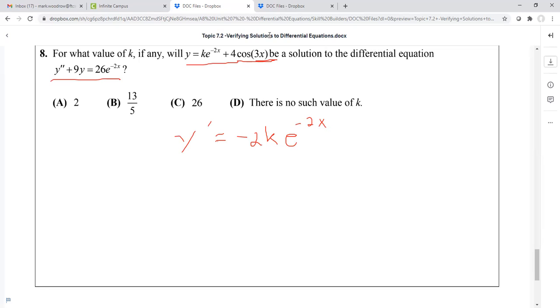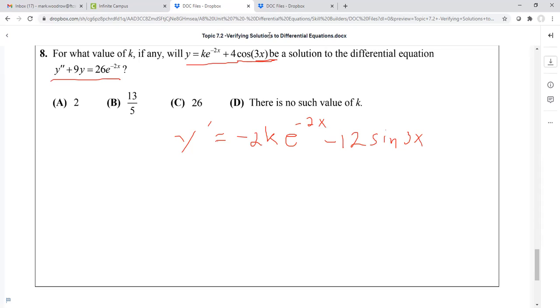And then I have to do chain rule to do the derivative of 4 cosine of 3x. So the derivative of cosine is negative sine. And then I'm going to have to do the derivative of the 3x last, which is going to be 3. So when I take the negative from the sine and the 3 and the 4 and multiply those together, that's going to give me negative 12 in front, sine of 3x.